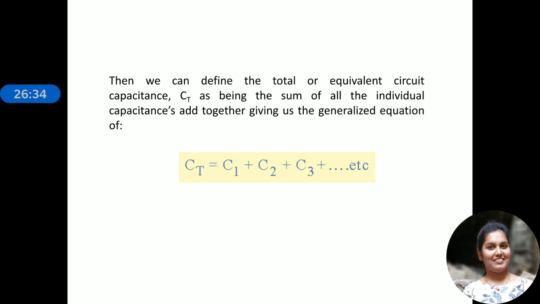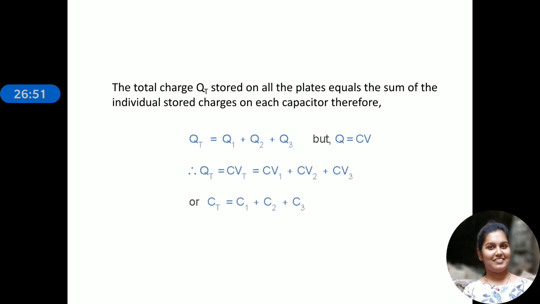The total charge QT stored on the plates is equal to the sum of the individual stored charges on each of the capacitors. So we can write QT is equal to Q1 plus Q2 plus Q3, and we know that Q is equal to CV.